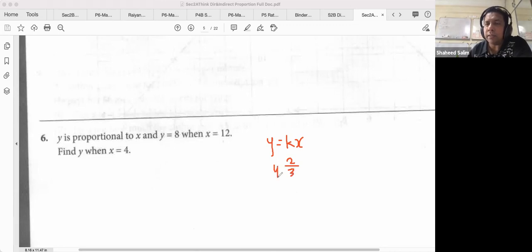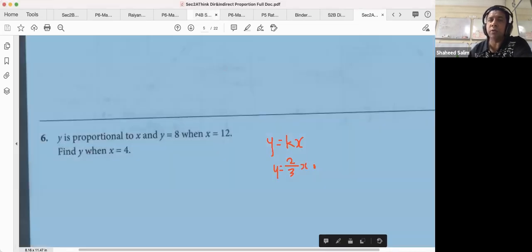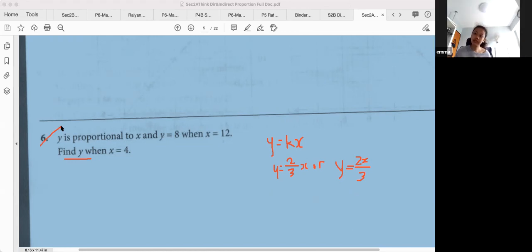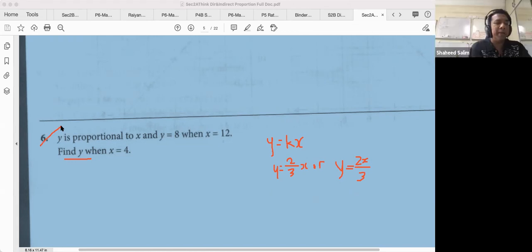Y equals 2 over 3x. You can write it this way, or you can also write it as 2x over 3. Up to you, whichever you prefer. Y equals to 2x over 3. It's the same thing, right? So this is your formula. Now, once you have this formula, you can find out what's y, right, by substitution. Can you find out number 6? You will get also a mixed number.